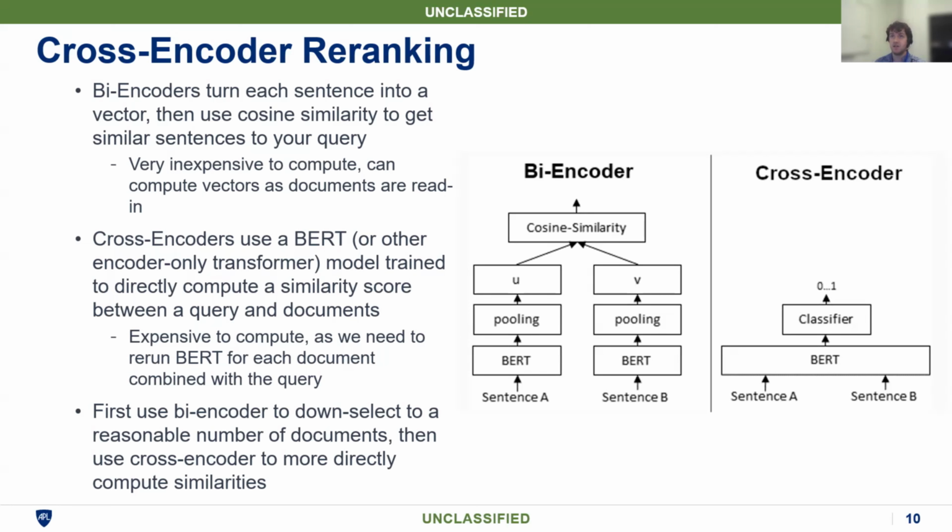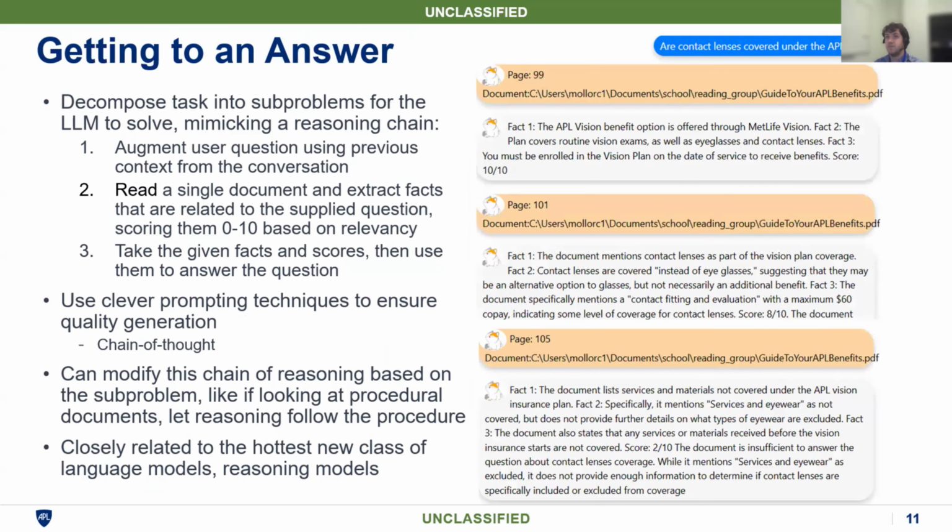And then the question becomes, once you have a document in, what do you actually do with it? We do something that is meant to mimic a reasoning chain. Basically, the idea is we decompose the task into subproblems for the large language model to solve, where certain RAG applications will just be like question colon, the user's question, document colon, the documents, like every single document you pulled, answer colon, and then ask it to complete that.